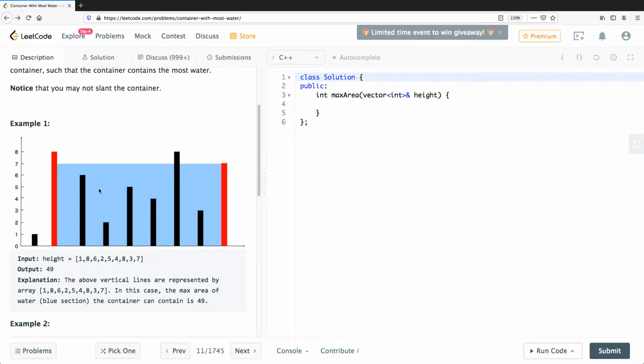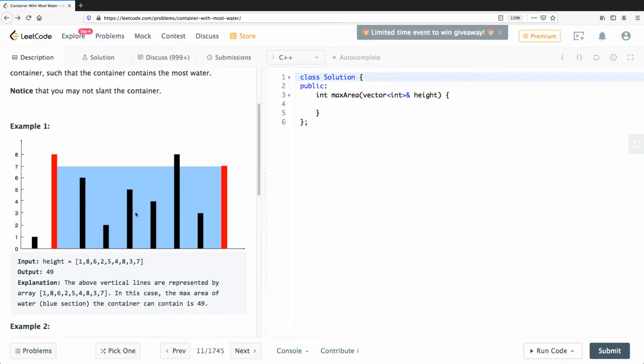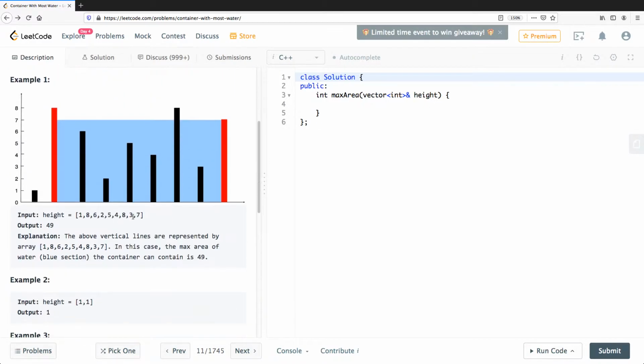But why is that the max area in this case, the most water the container can hold? What if I have any other possible combinations of these lines?